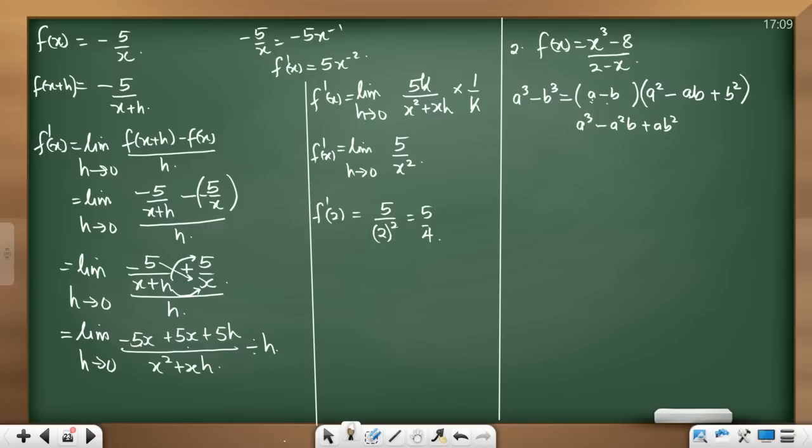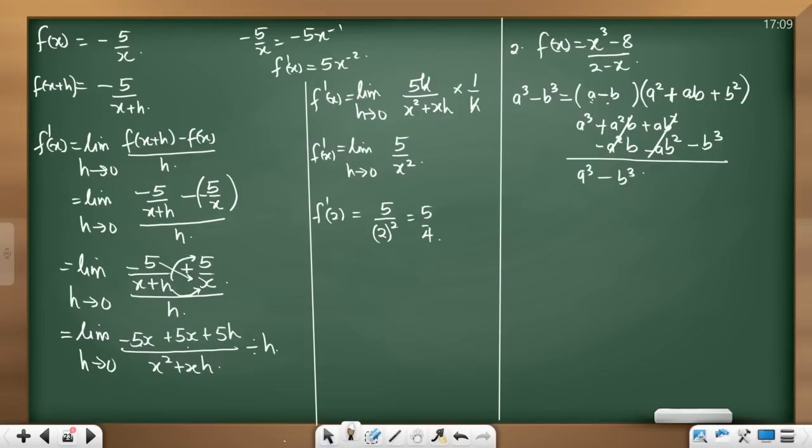Oh, sorry, I said the sign here should change. If it's a negative here, it must be a positive here. So this becomes positive. Now, a squared times b is negative a squared b. I'm already doing it in my like terms. Minus b times that would give me what? Minus ab squared. Negative b times that will give me negative b cubed. Do you notice that this goes? And what do we have? A cube.